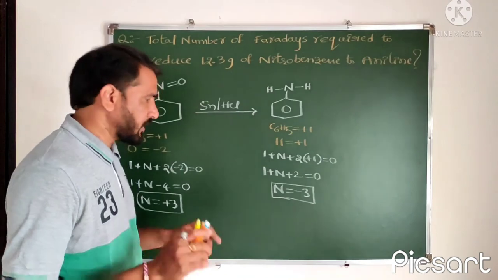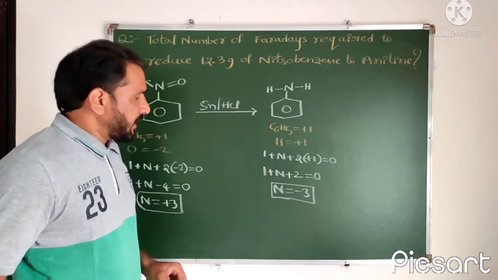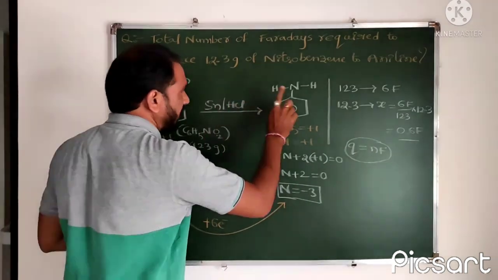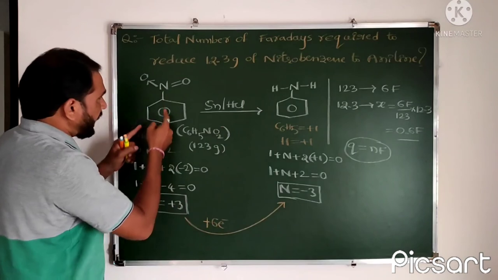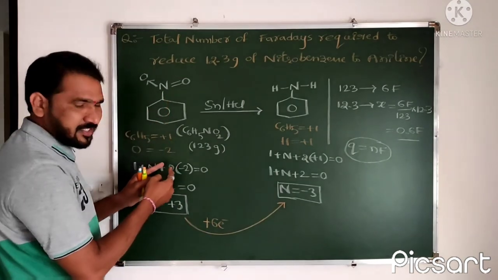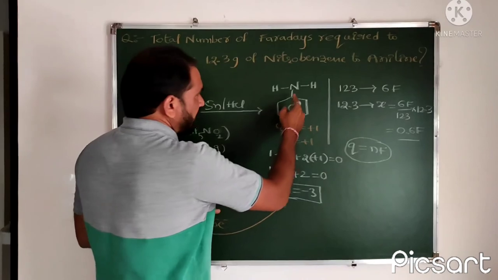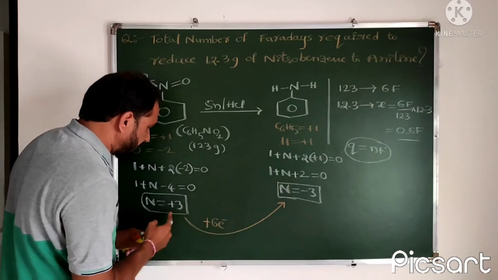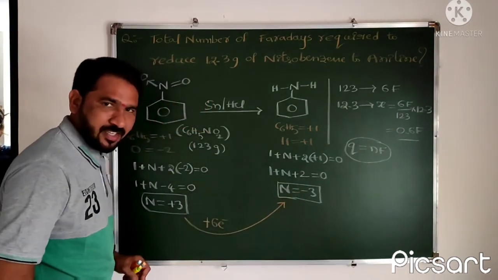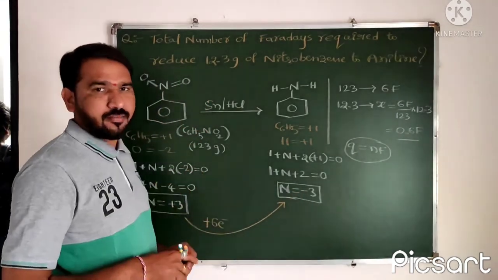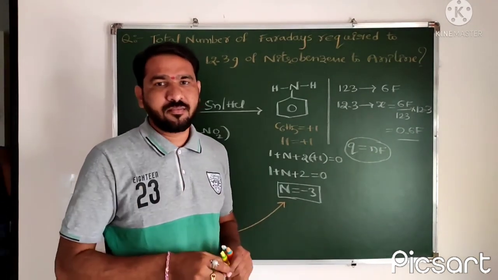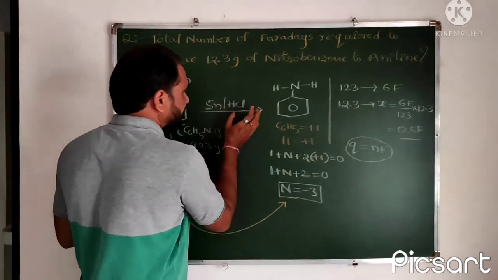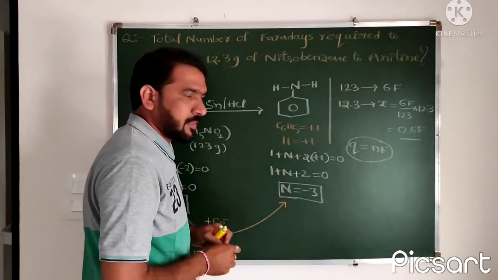Is it clear? Right. So in this conversion, nitrobenzene converted into aniline by reduction, the nitrogen oxidation state in the reactant is +3. In the product, the nitrogen oxidation state is -3. In this conversion, +3 converted into -3, so 6 electrons are gained. So the n factor equals 6.